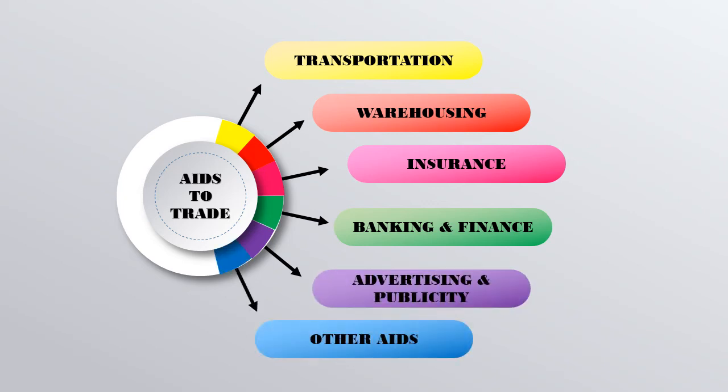And the last one, other aids like packing, communication, and facilities for the businessmen to stay, eat, lodge and for recreation. And there are other aids too, which help bring the goods in a smooth flow from the producer to the consumers.